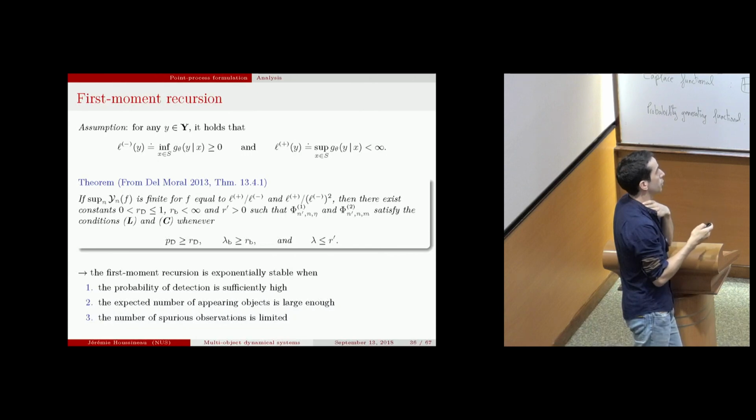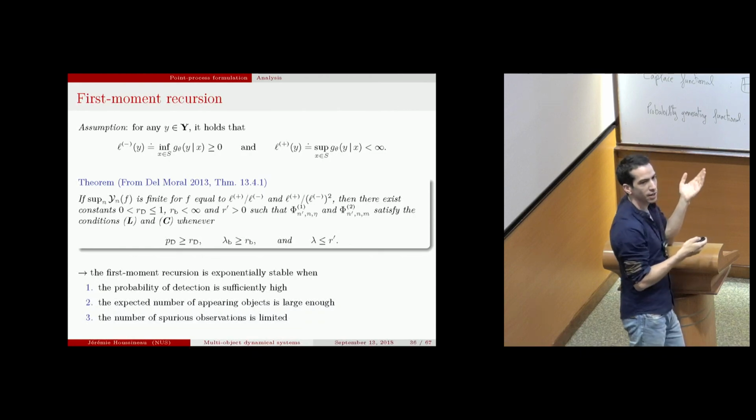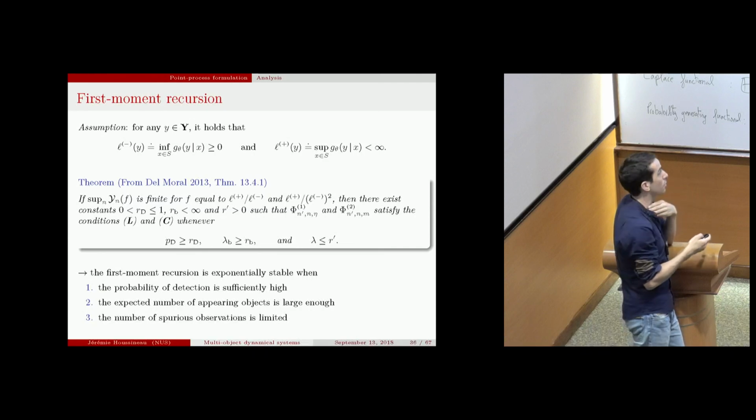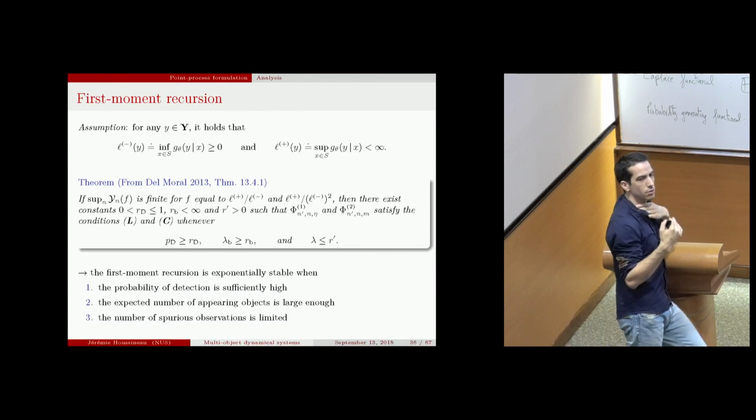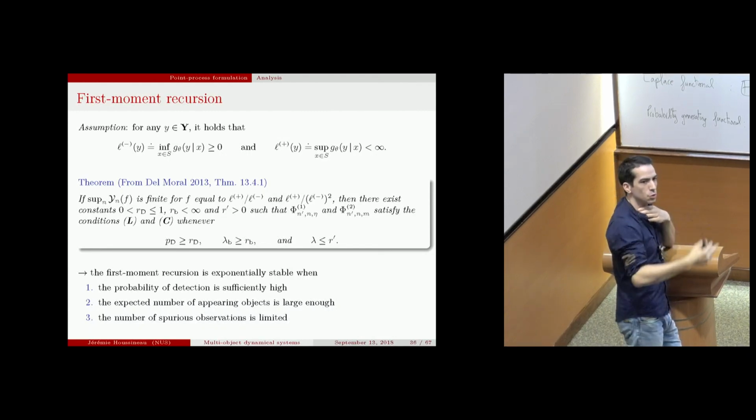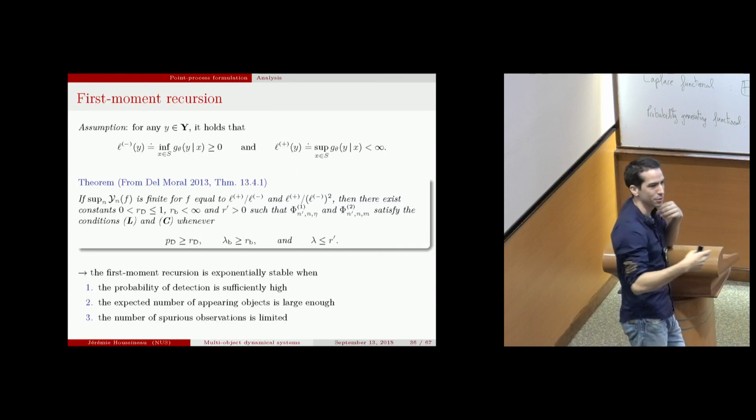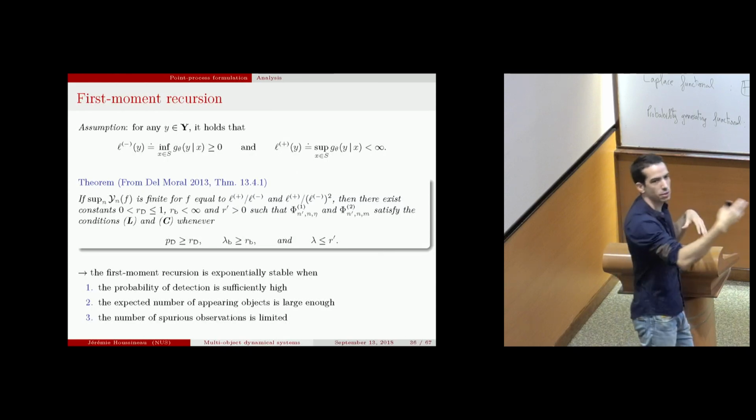your first moment recursion is going to be exponentially stable. The probability of detection being high enough is quite natural, because you want to see your targets to have stability. I don't want too many false alarms. Maybe the less intuitive one is the lower bound on the birth, and the reason is that you want new objects to appear often enough that even if you make a mistake, you're going to forget it. Old objects disappear and new objects get in.